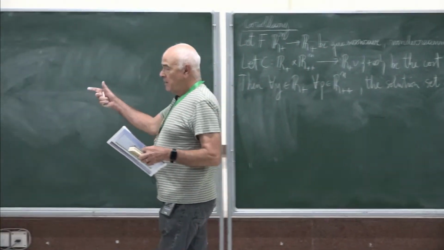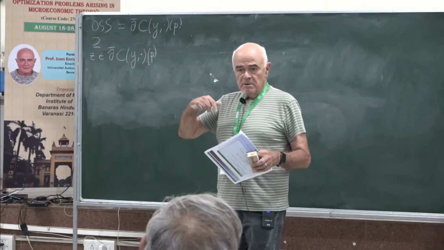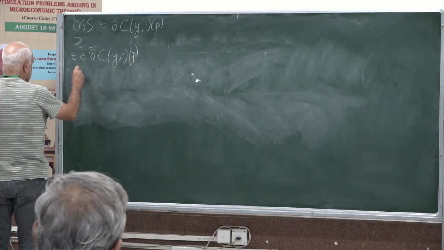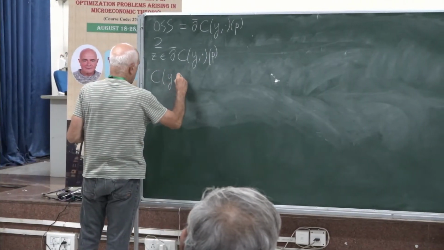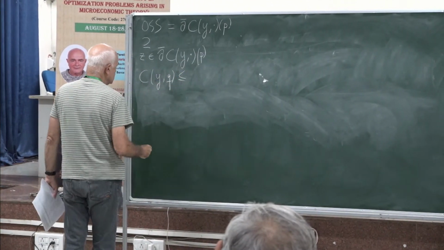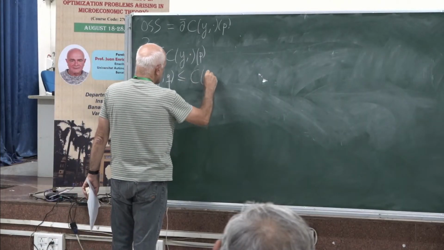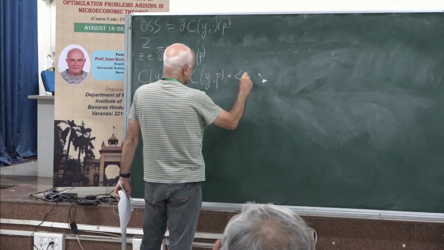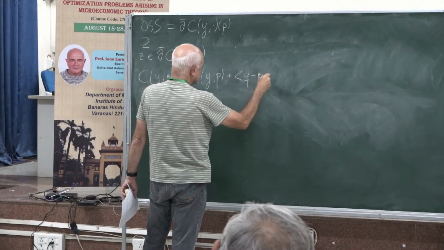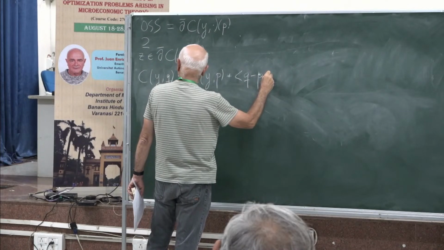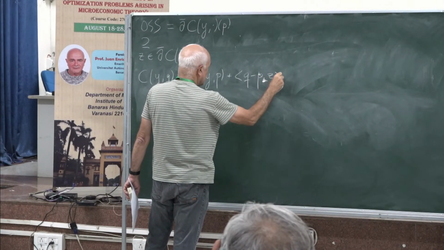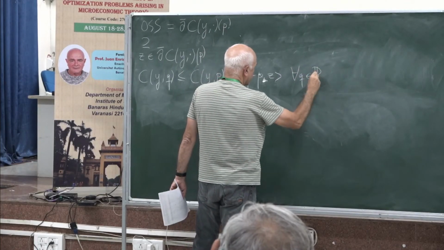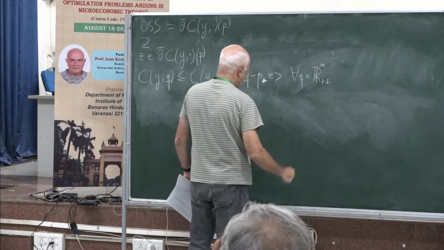Then, well, at the beginning the proof is what we have seen going backwards. This means that C of y, q is less than or equal to C of y, p plus q minus p, z, which is the supergradient, for every q in R plus plus n.